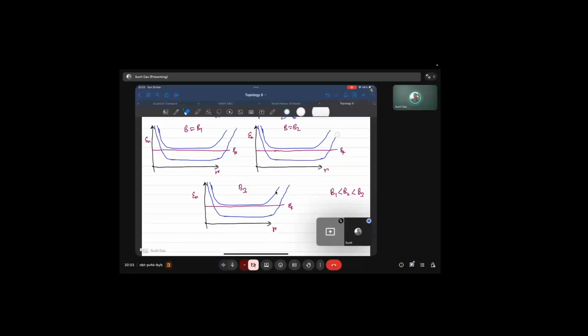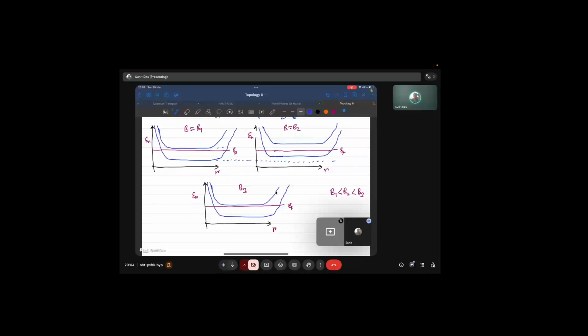These Landau levels will increase in their energy. So earlier this was here, and then the upper level will also increase.